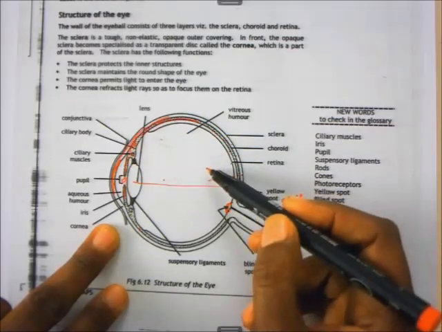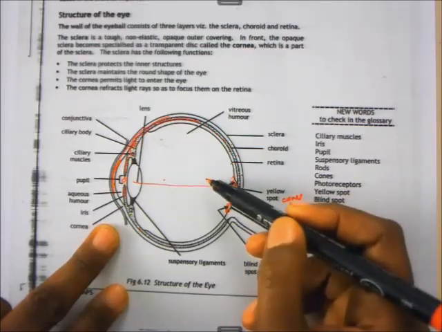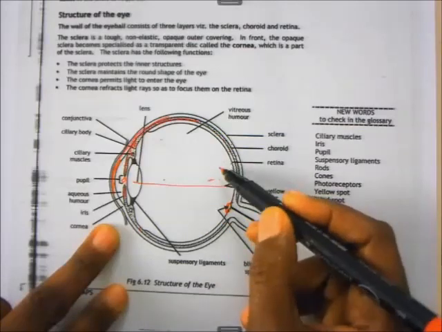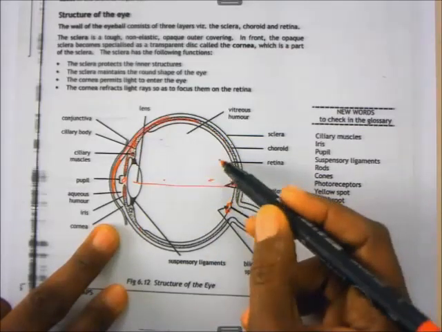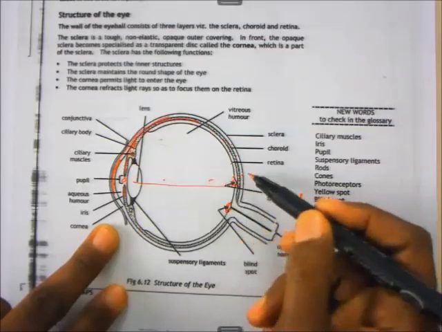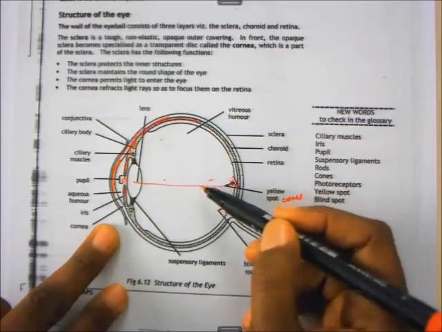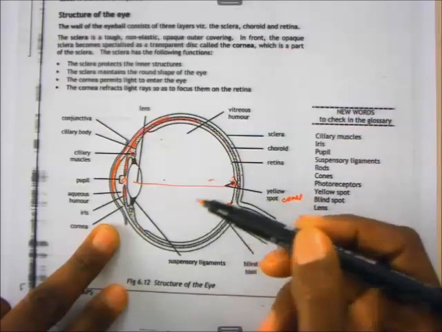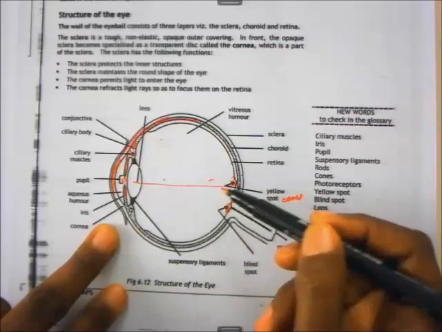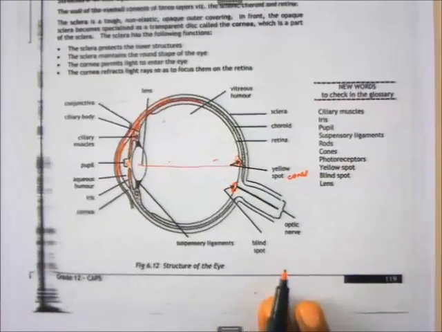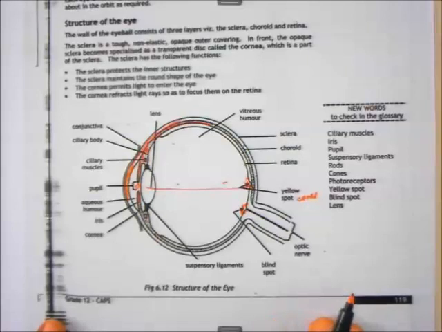Once this fluid escapes the eye, your eye won't be in a position of maintaining the round shape, but instead it will collapse. And once this fluid has escaped out of the eye, it is not going to be replaced again because you were born with it.